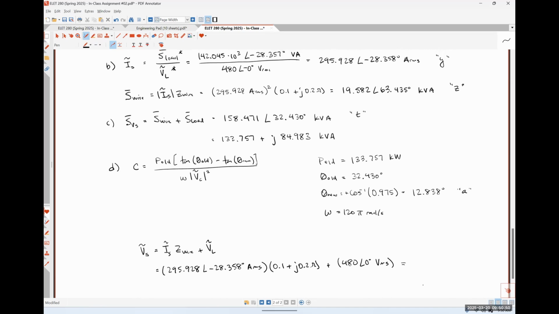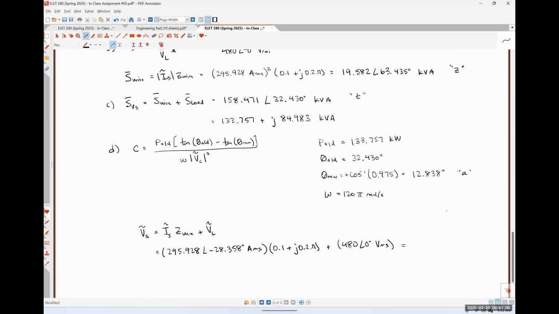So that's what I have in my calculator as Y times 0.1 plus 0.2 i plus 480. I got 535.505 with an angle of 4.072 degrees volts RMS. So what is the magnitude of the voltage drop across our capacitor? 535.505. Great job.